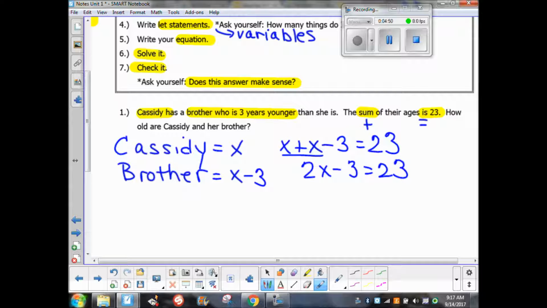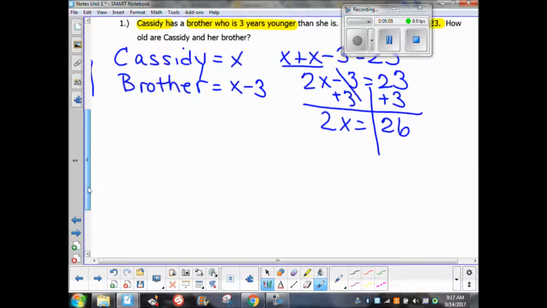And then my first step is to do what? Add 3. And then what's my second step going to be? So we know how to solve an equation like this. So we added 3. We got to divide by 2.